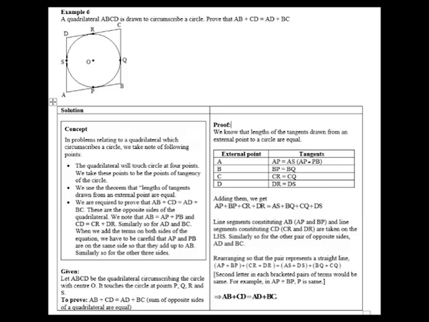We have AB is equal to AP plus BP and CD is equal to CR plus DR. AD is equal to AS plus DS and BC is equal to BQ plus CQ. Therefore, AB plus CD is equal to AD plus BC.